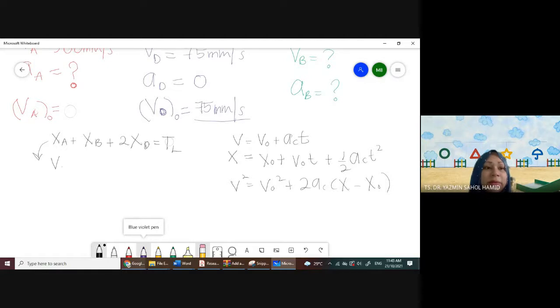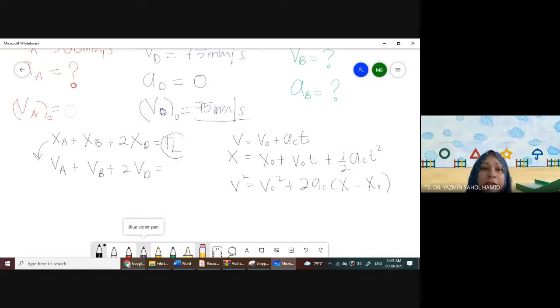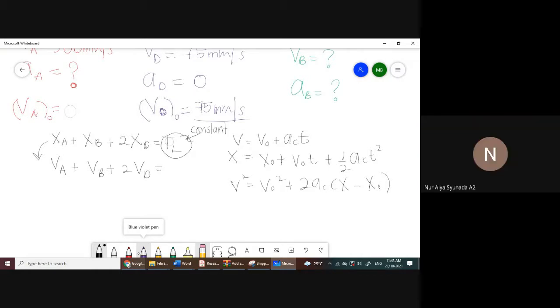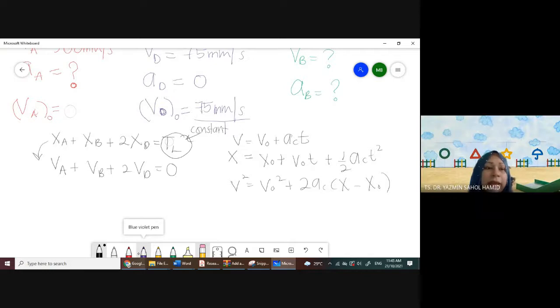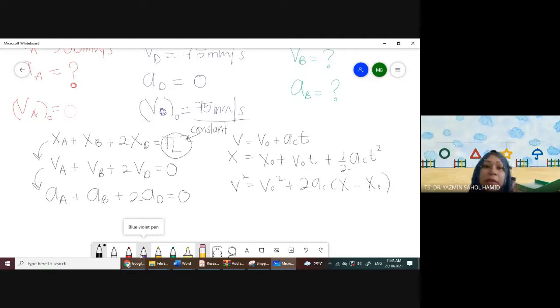It becomes VA, right? And when you differentiate a total length which is constant, it becomes 0. And if you differentiate velocity, it becomes acceleration. There you got it.